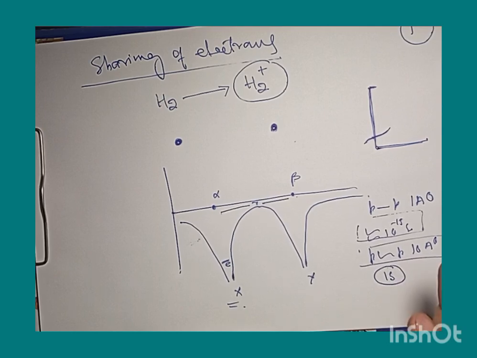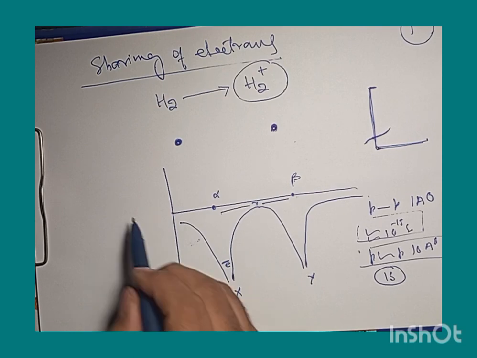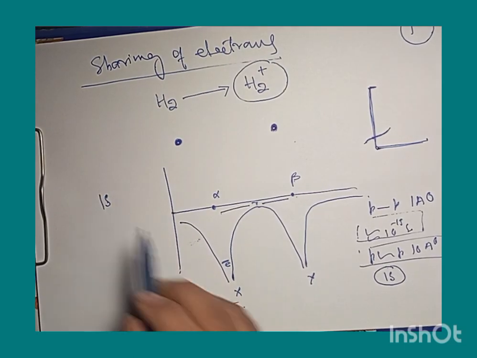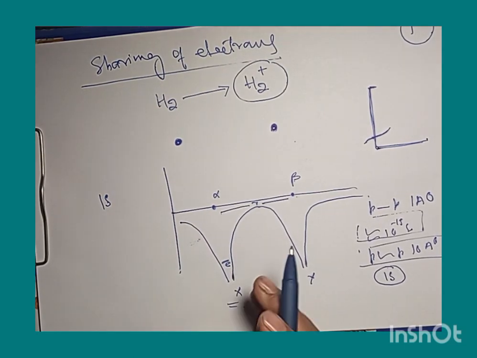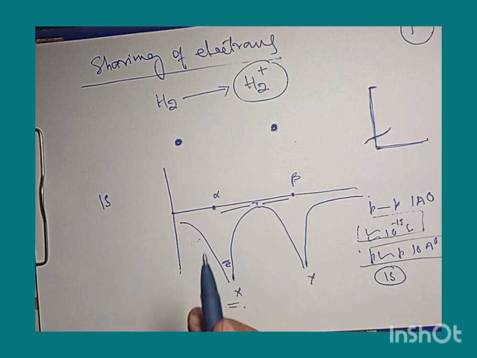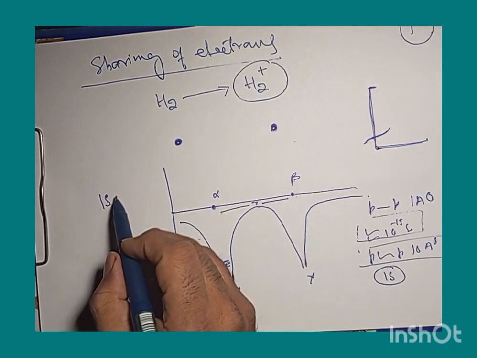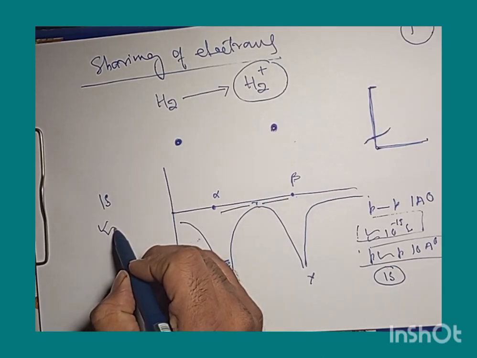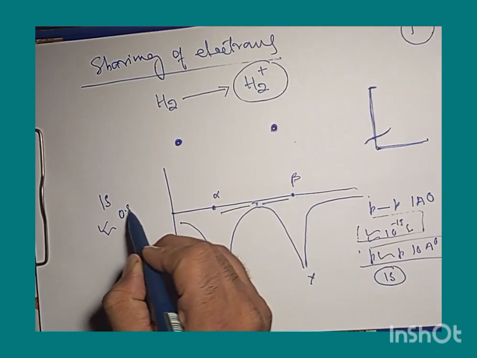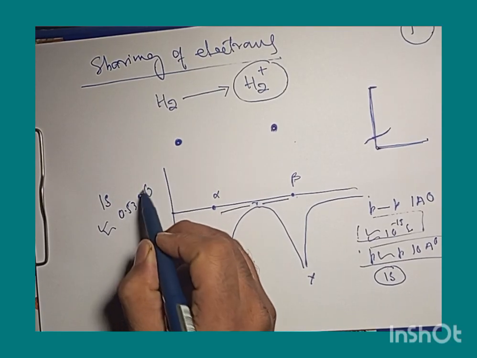Now, the effective radius, if we talk about the 1s wave function in case of hydrogen atom, is nearly 0.53 angstrom.